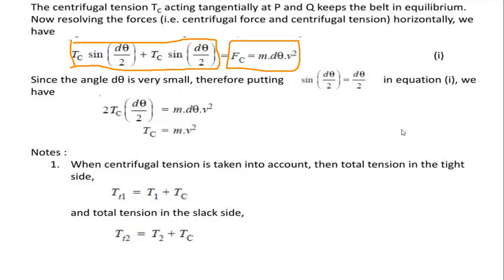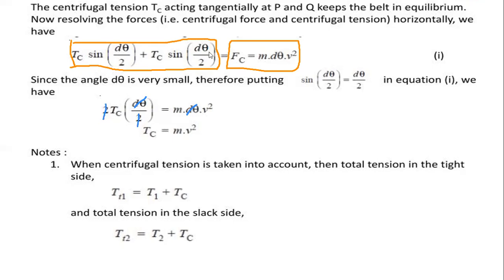Then we have 2 into Tc into d theta by 2 is equal to m into d theta into v square. So here we cancel: d theta is cancelled, and 2 and 2 are cancelled.